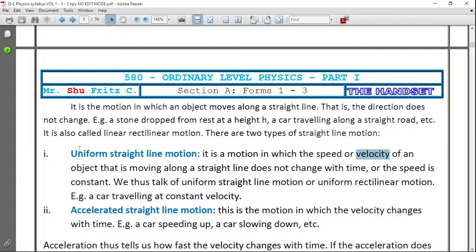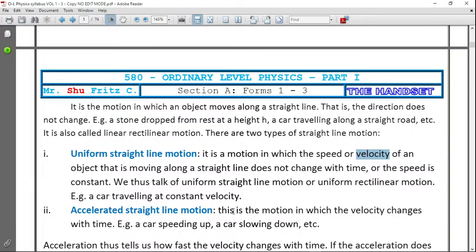Now, with accelerated straight line motion, the object is either speeding up or slowing down. It's moving on a straight line and it's either speeding up or slowing down. For example, when you drop a stone from rest, what happens? The speed continues to increase, so the object is accelerating as it falls on a straight line. And a car moving along a straight road that is slowing down is also undergoing accelerated motion.